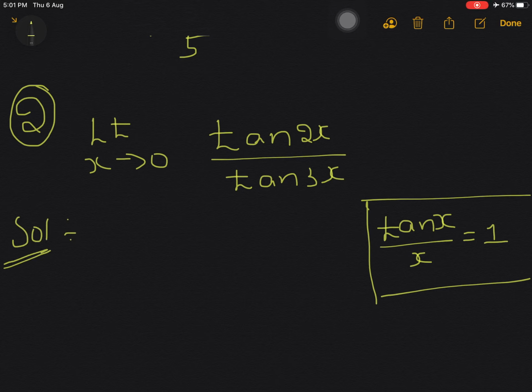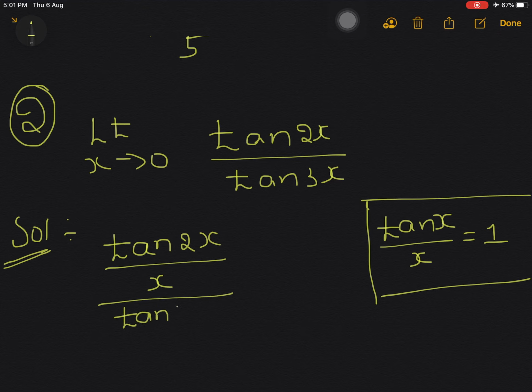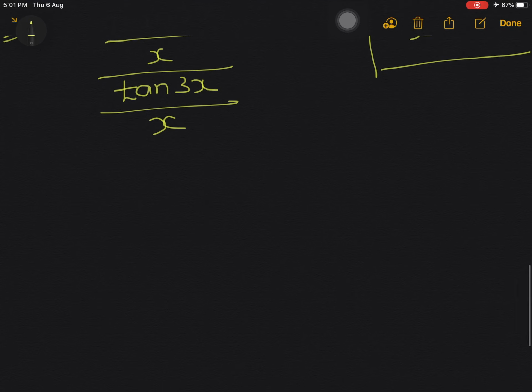First divide numerator and denominator with x. It will become tan of 2x by x divided by tan of 3x by x, with x tending to 0.